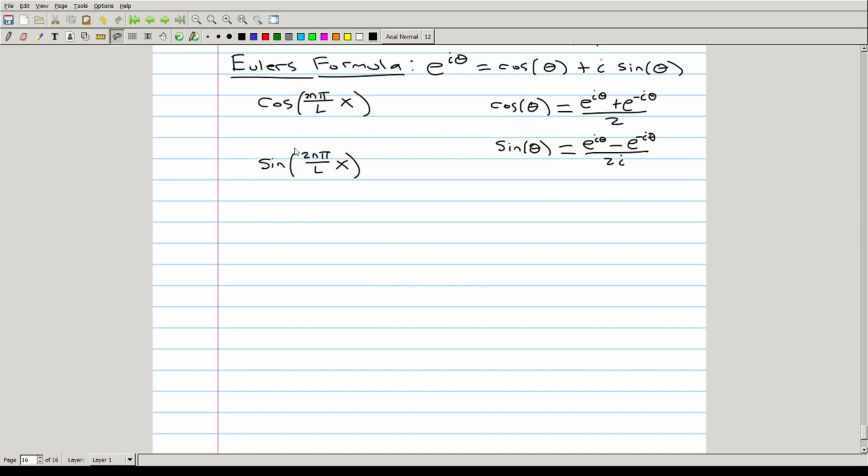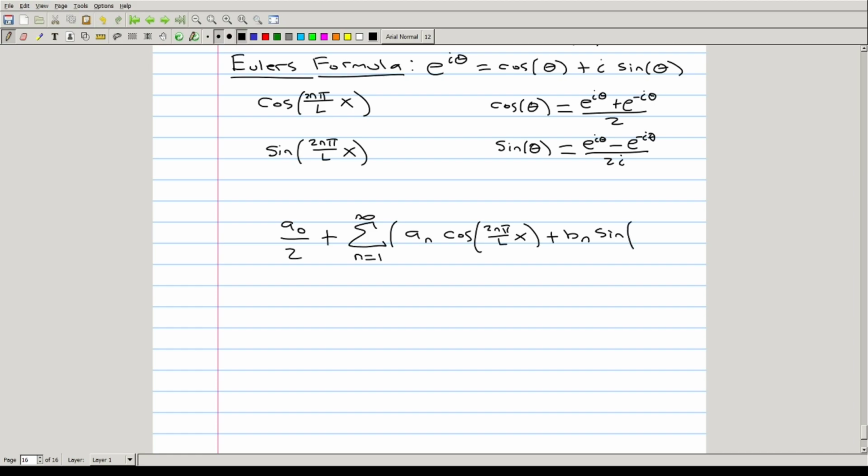So these cosine and sine terms in the Fourier series expansion can be very nicely rewritten. Our Fourier series expansion is a naught over 2 plus the summation from n equals 1 to infinity of a n cosine of 2n pi over L x plus b n sine of 2n pi over L x.